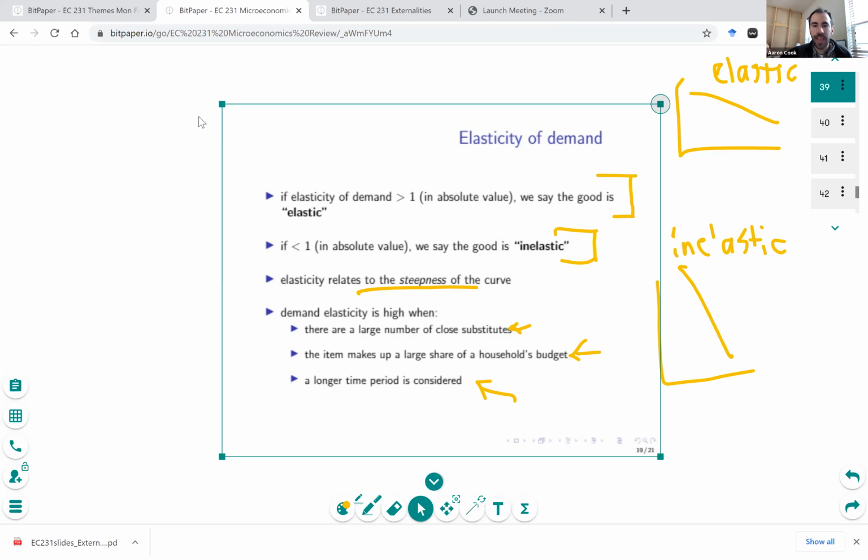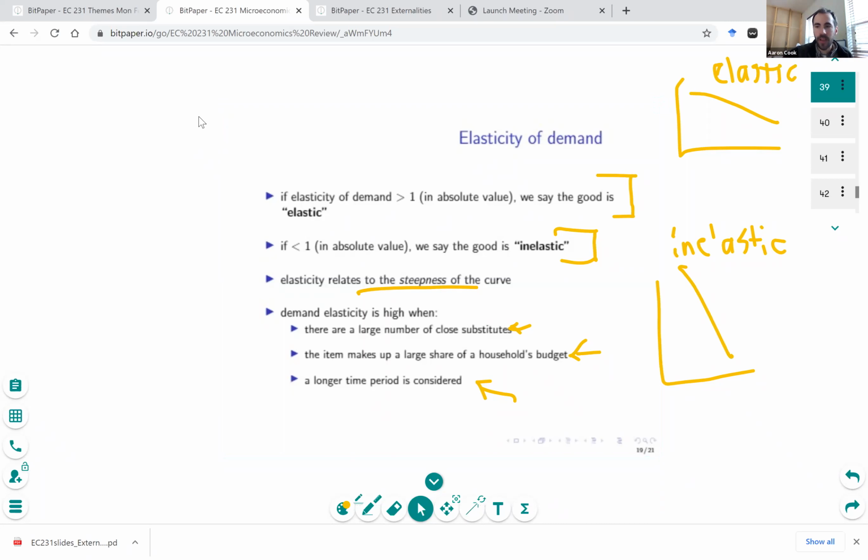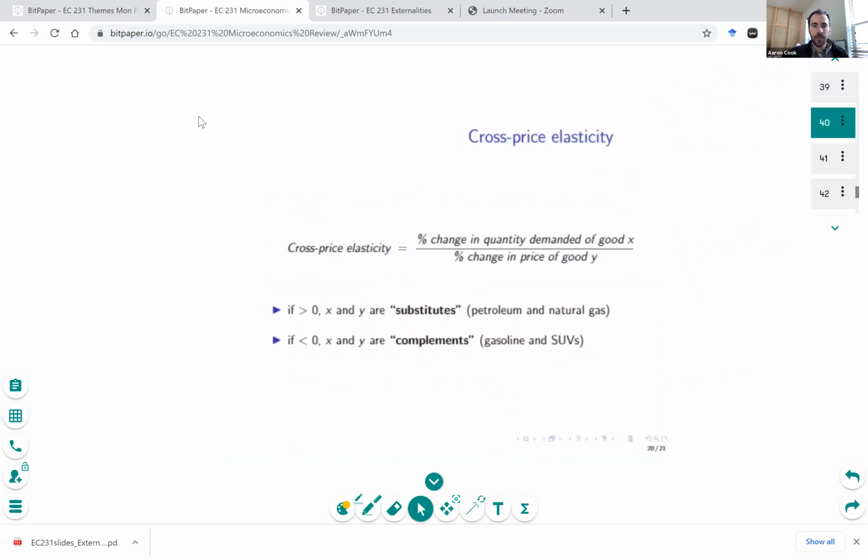If you're talking about something like gasoline, if the price of gas goes up, in the long run, you're able to do things like switch the car that you drive, or even relocate to a place closer to work, which will reduce your quantity demanded. So how long you have to adjust is going to be something that affects the elasticity of demand.